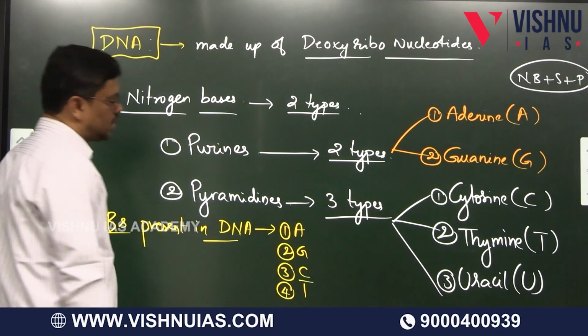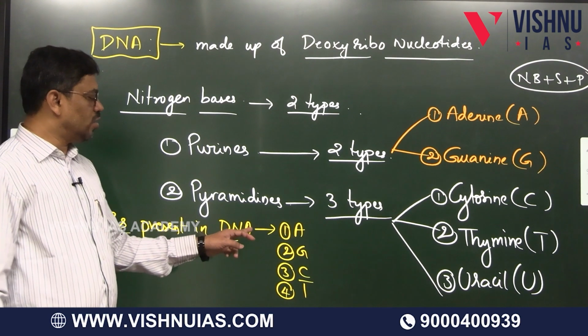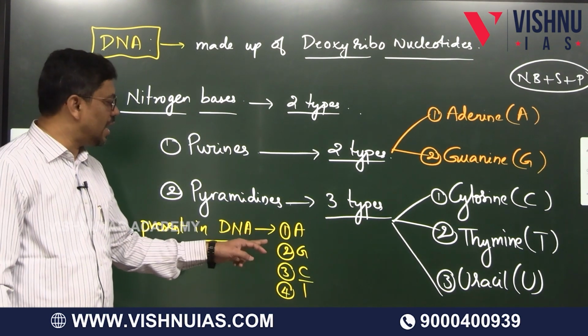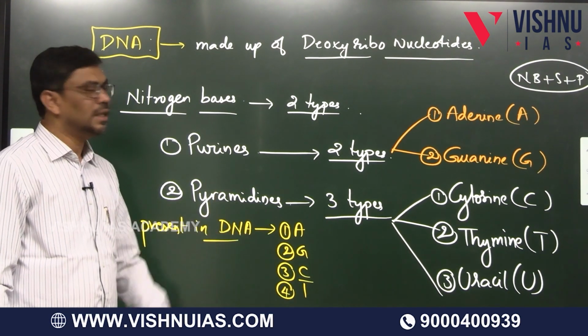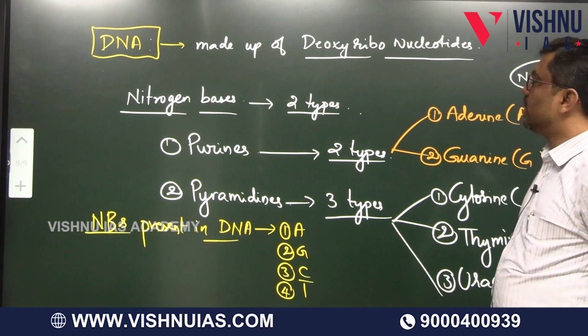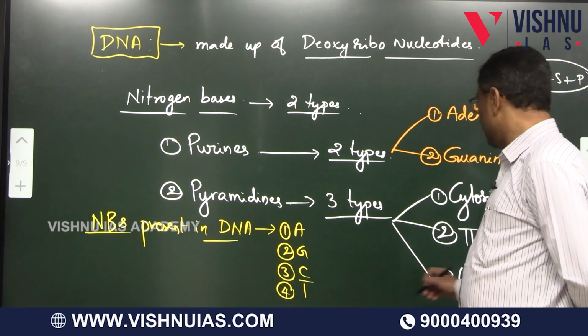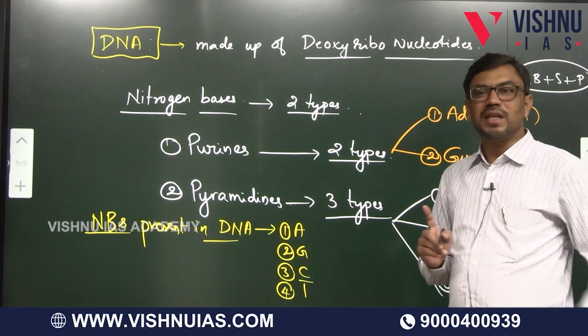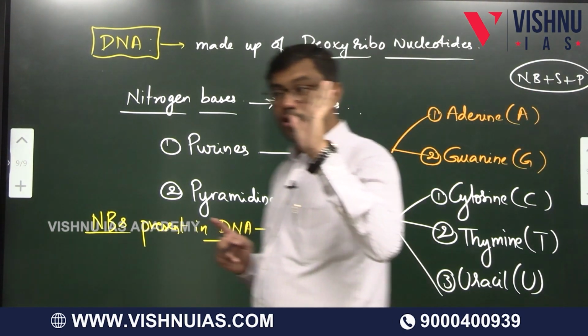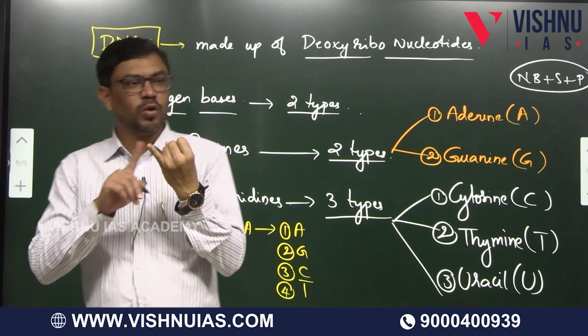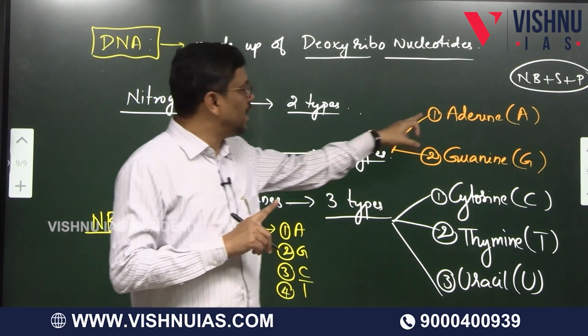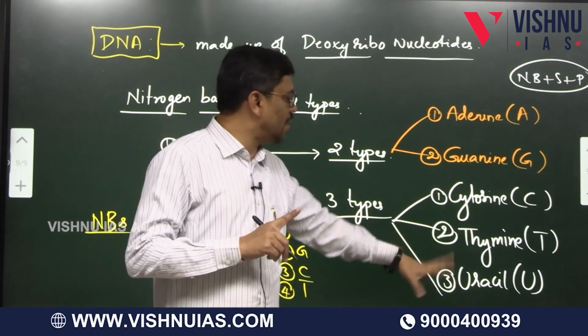Thymine, you have to remember this one. So totally nitrogen bases are 5 types. There are 2 types, purines and pyrimidines. Purines are adenine and guanine, pyrimidines are cytosine, thymine and uracil.